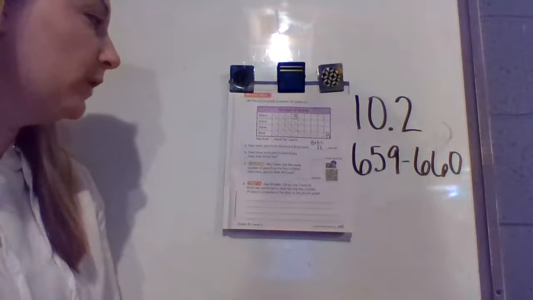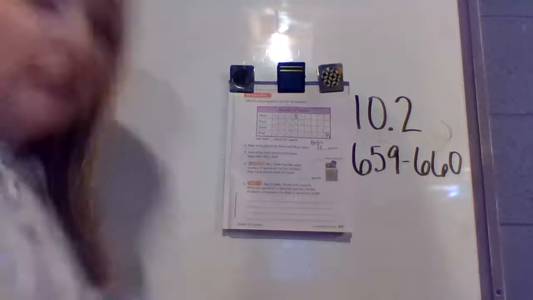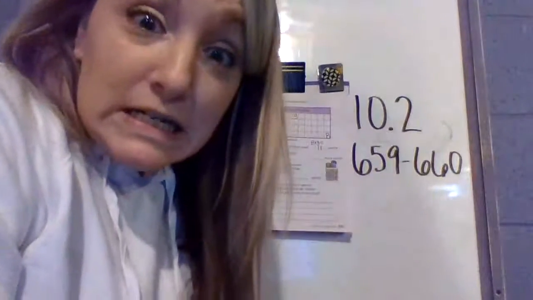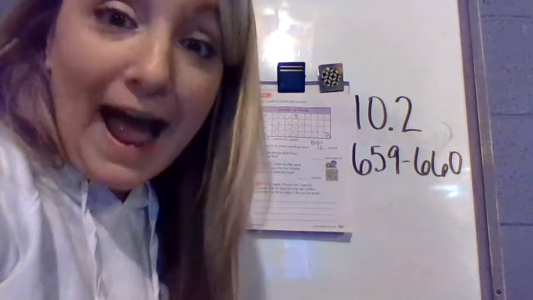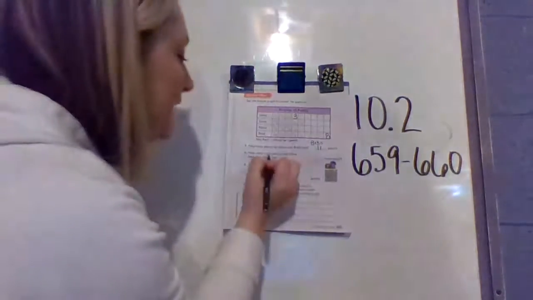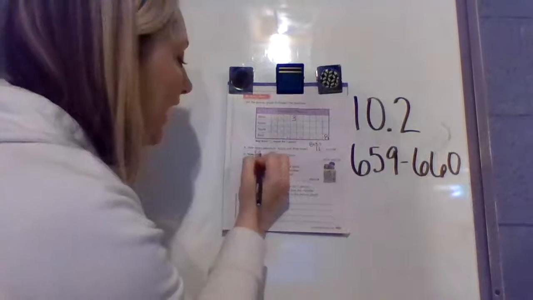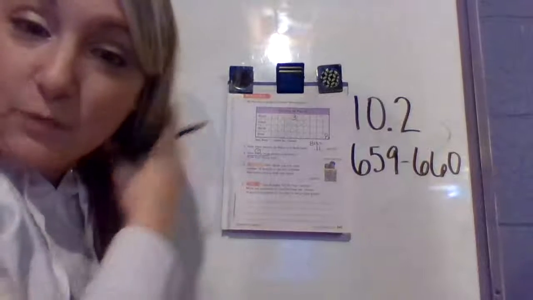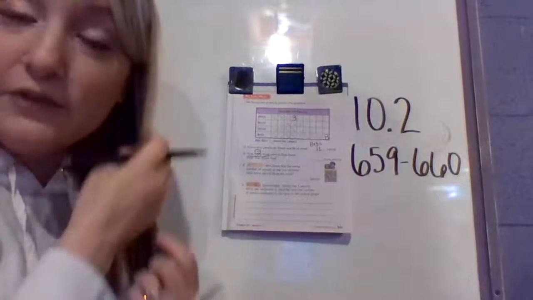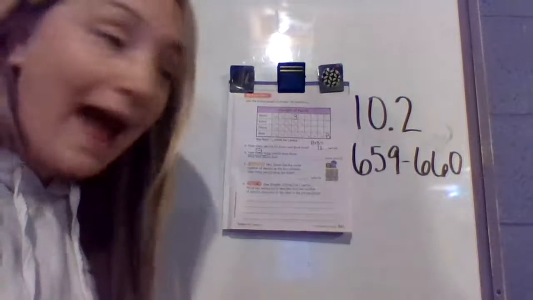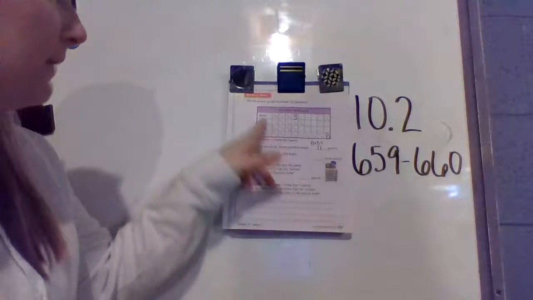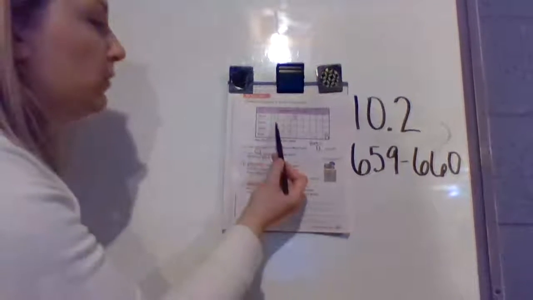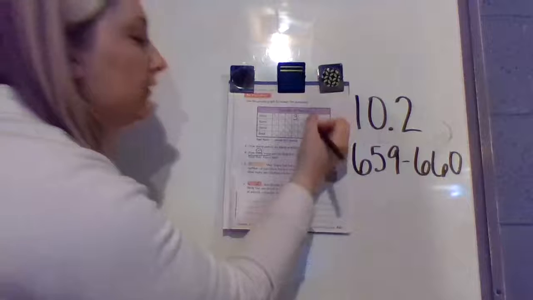All right, number 4. How many more pencils does Kiana have than Alana? All right, so we heard those key words that we love to do in class so much, so we know we have to subtract. So let's look at how many Kiana has. Kiana has 1, 2, 3, 4, 5.